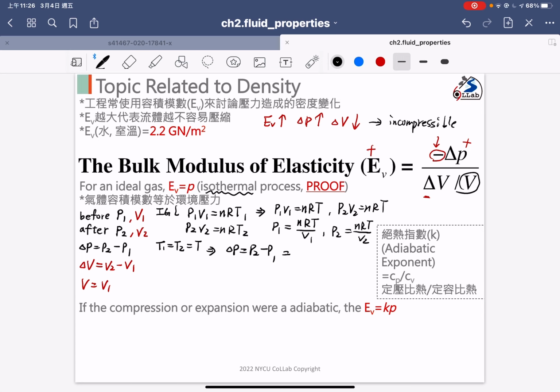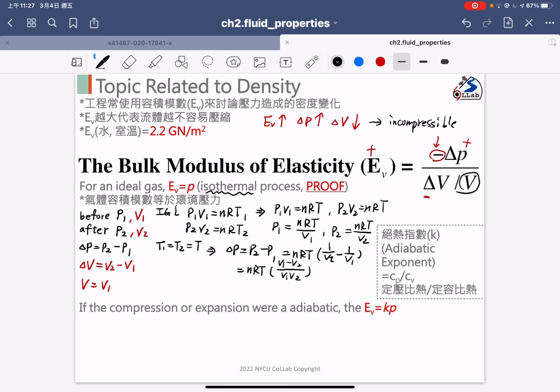The same parameters, nRT, are the same for P1 and P2, so I just take them outside, and inside we only have 1 over V2 minus 1 over V1, right? And then nRT stays, and it will be equal to V1 minus V2 over V1 V2, right? It's V1 minus V2.